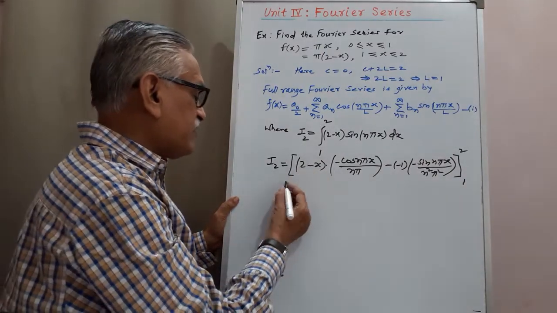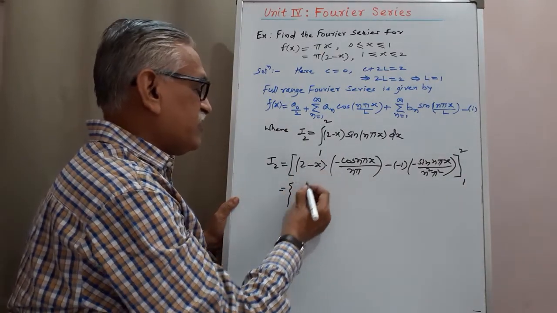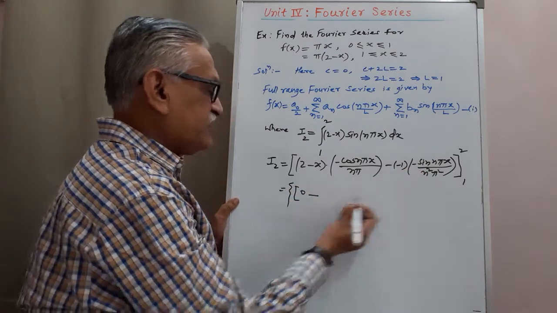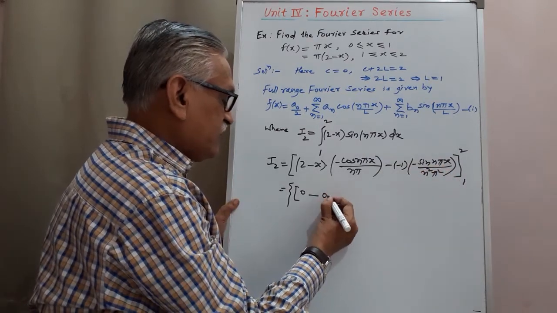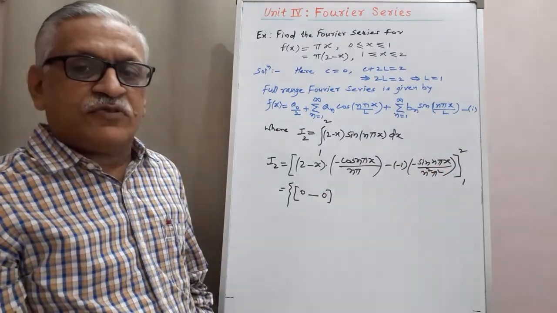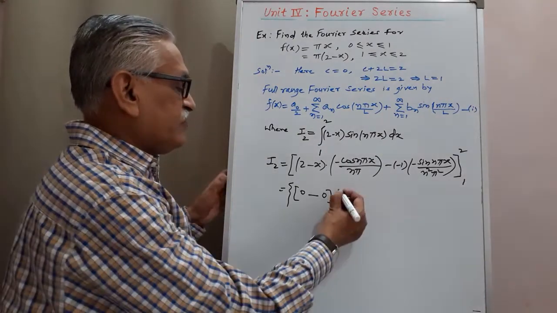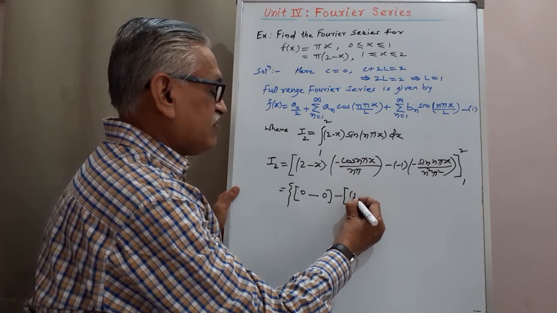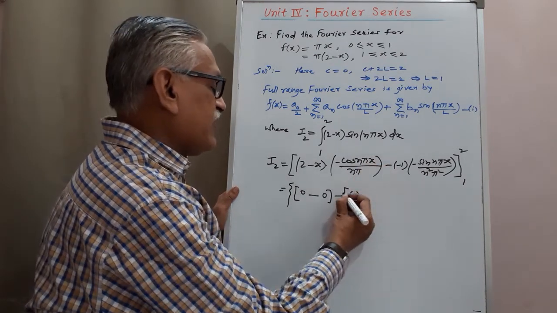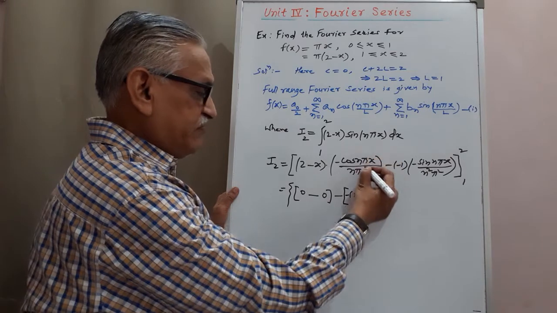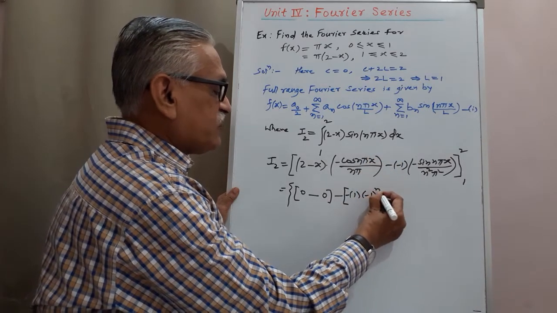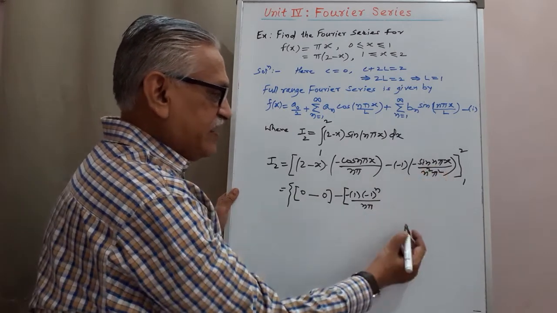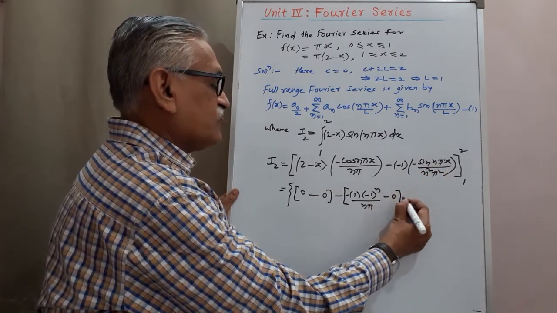When we substitute the upper limit, we get 2 minus 2 as 0, minus minus minus sine of 2 n pi, sine 2 n pi is also 0, therefore both the values are 0, minus lower limit 2 minus 1 we get 1, cos of n pi with minus sign, cos n pi is minus 1 raised to n by n pi and sin n pi is 0.